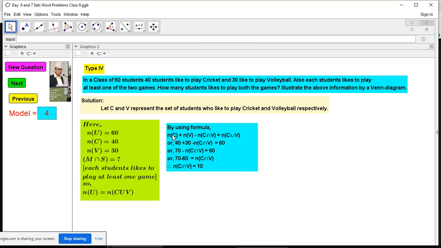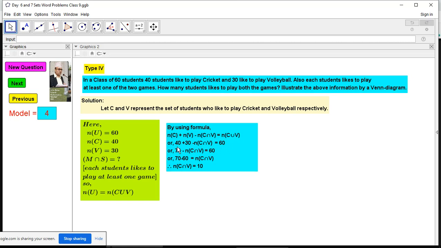So what is number of C? You can take from this list. It is 40. What is number of B? Which is 30. And the intersection part? Not known. Sometimes we suppose the intersection or complement part by a variable like x or y. But here, without supposition, we can also solve it. So I have kept number of C intersection B as it is. It is also clear for us.